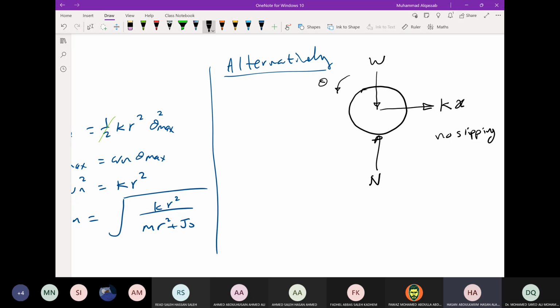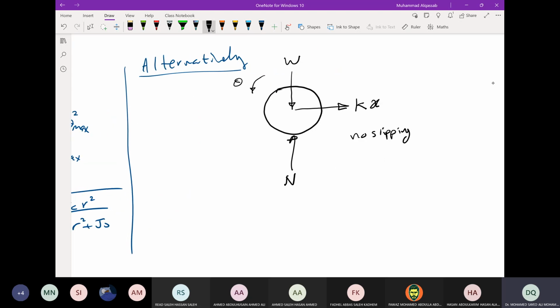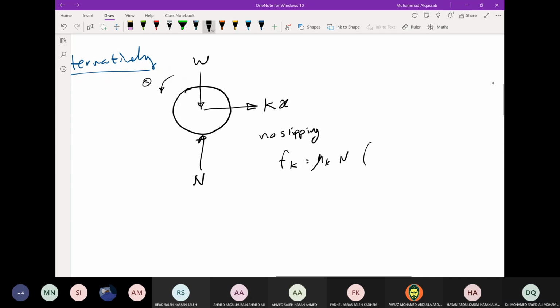Yes, there is a friction force, and as you know, the friction force is either the static friction force, which is the maximum, or a friction force that is less than that, or it is kinetic friction force. For no slipping, of course, this is not the kinetic friction force, because Fk is equal to mu k times the normal force, and this is for motion during slipping.